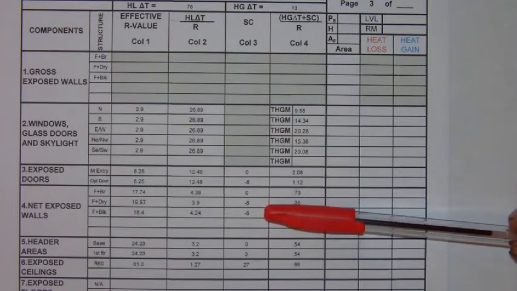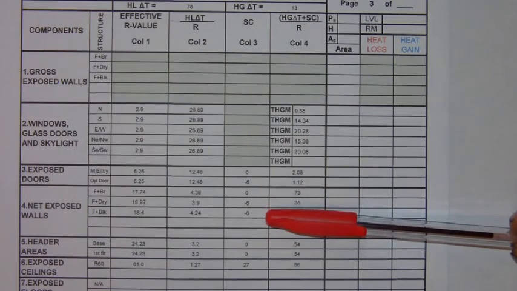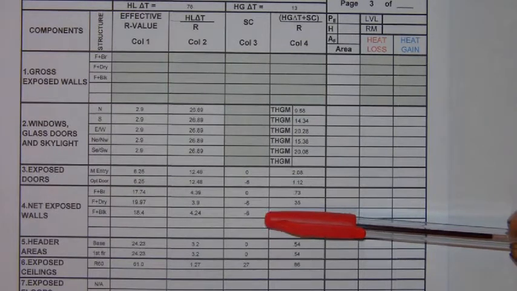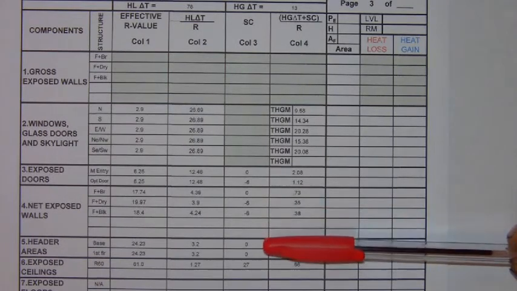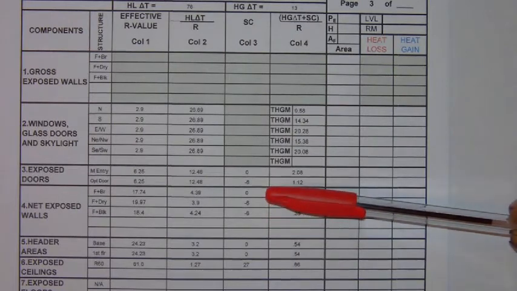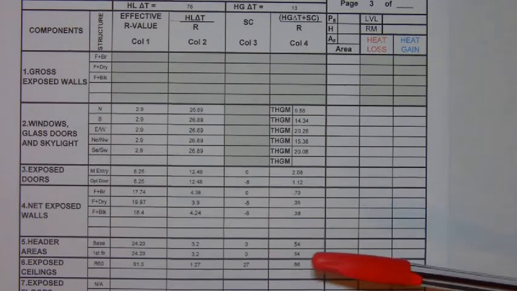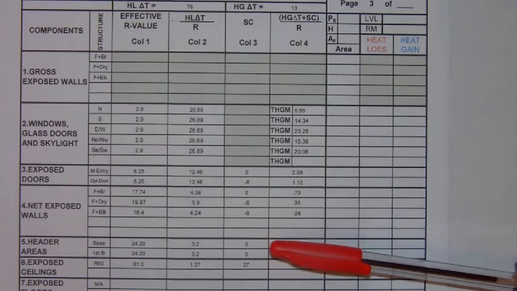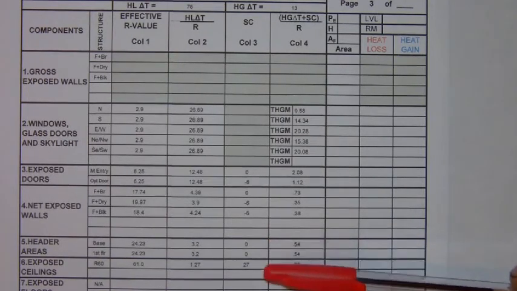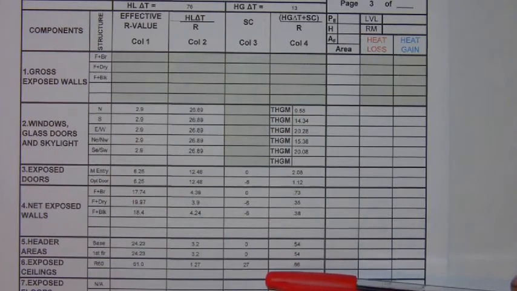And the same thing for the frame plus block, because again, it is a wall assembly separating the house and the garage, and there is no direct solar radiation affecting this particular wall. Our headers are actually in the exposed wall, and so therefore sun can shine on these particular assemblies, and so there would not be any solar correction.